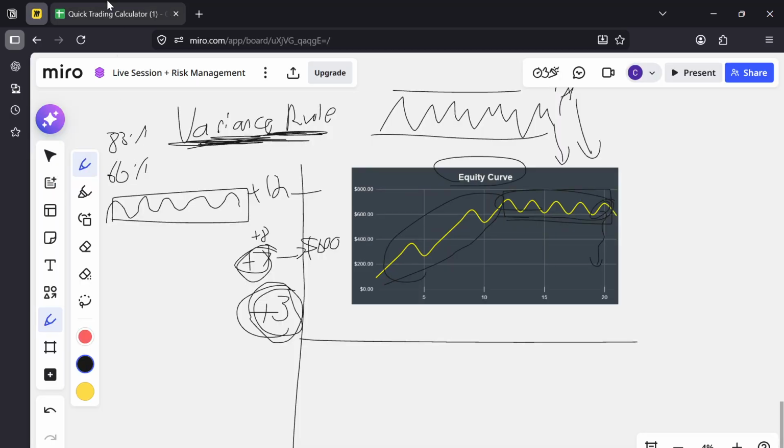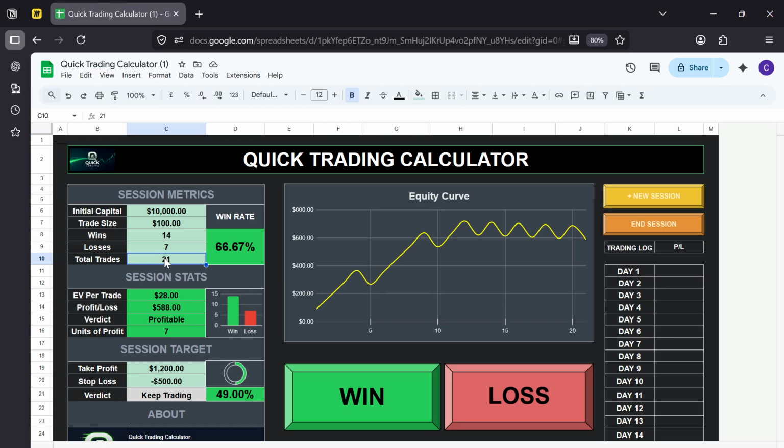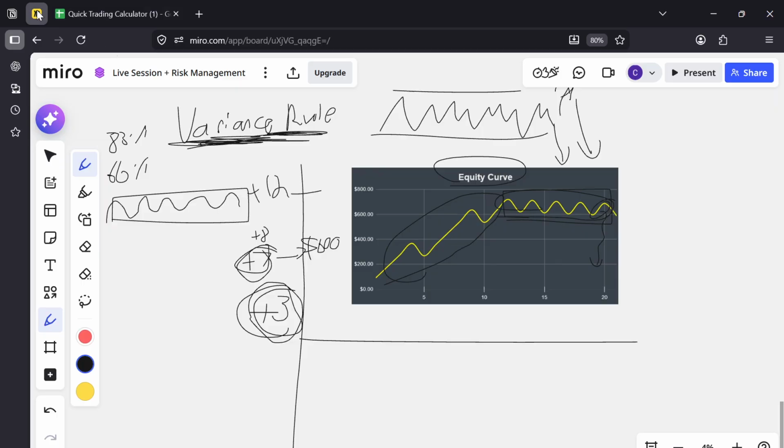The only reason that has happened is because the total trades has increased and the number of wins and losses has just been bouncing up and down, which means that the wins have not been changing much and the total trades has been increasing. If you look at the formula, the total wins over total trades is equal to your win rate, right?